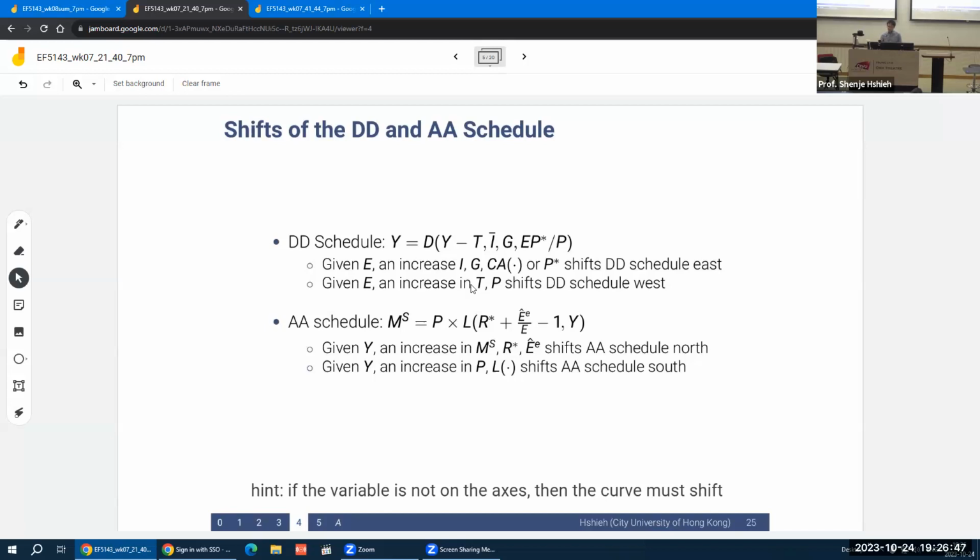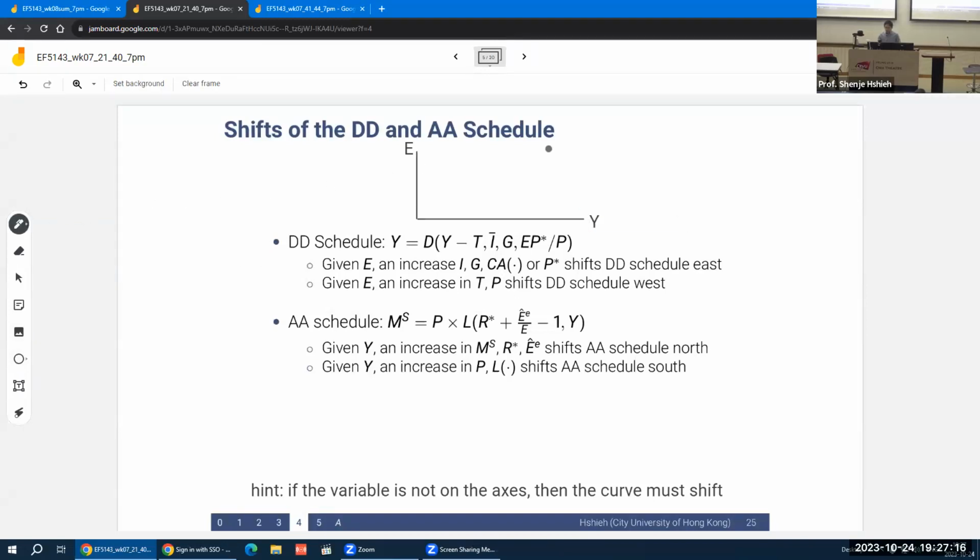So let me just give you a preview really quickly of what's to come. Assume that we're plotting a very simple plot. I'm just going to go through it really quickly. But again, the idea of shifting curves is just like shifting curves in the short-term model we worked with, when we're plotting E against R. Now it's just E versus Y, so the curve shifting logic is still the same.